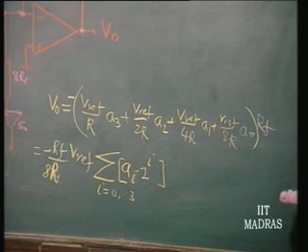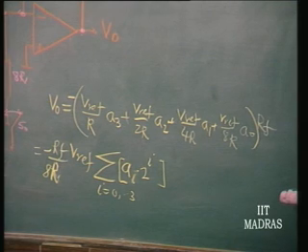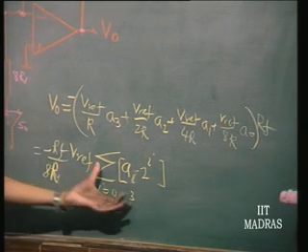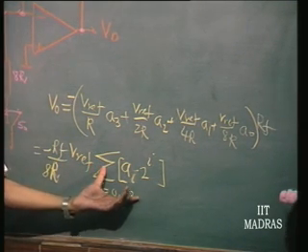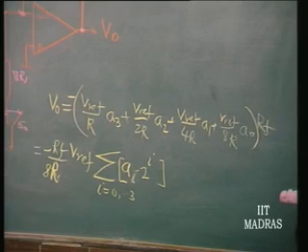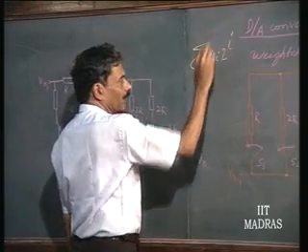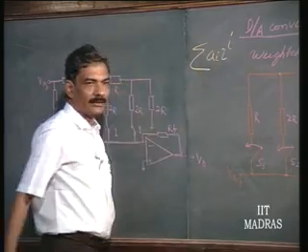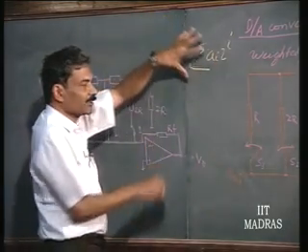This is an important thing. In any D to A converter, we have this expression for the analog output, which always comes out as sigma A_i 2 to the power i. This is the weighted scheme, and this corresponds to the analog output.